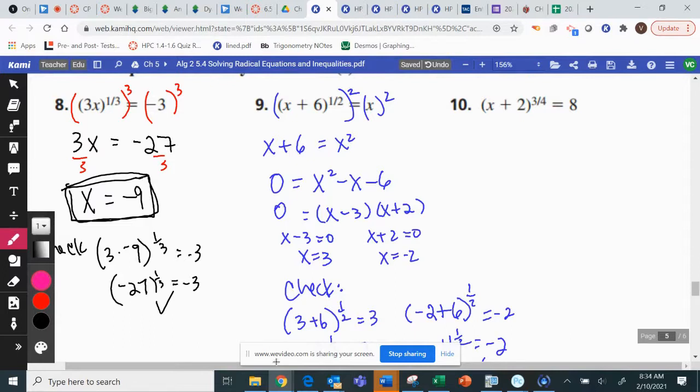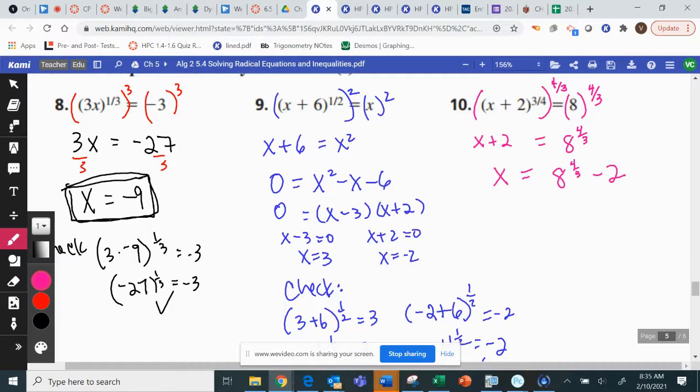Number 10, I would raise both sides to the 4/3 power, to give me x plus 2 equals 8 to the 4/3. And then I'm going to subtract that 2.